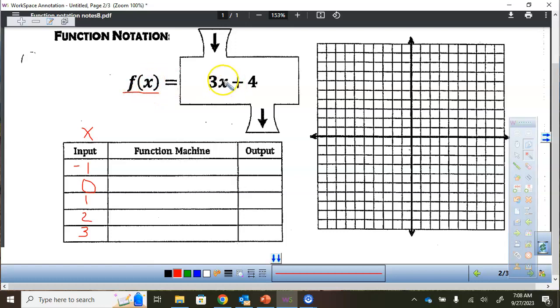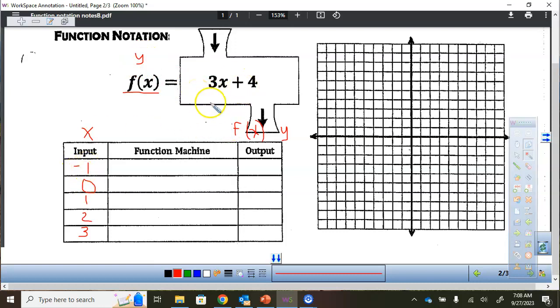It tells me what number I'm going to substitute for x into this function. The output we call f of x, or the answer. Now, you might be more used to seeing our output shown as y. So we can use those interchangeably. f of x, or sometimes this might be y. Right? y is equal to 3x plus 4.